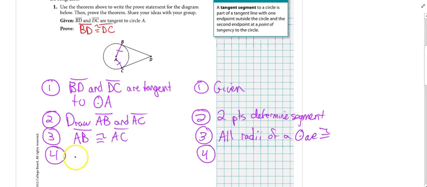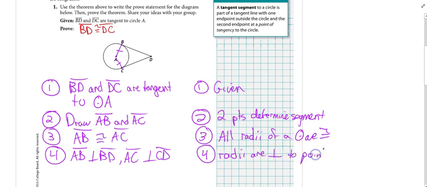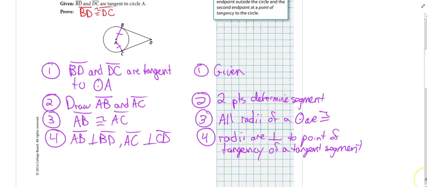We also know that AB is perpendicular to BD and AC is perpendicular to CD, because radii are perpendicular to the point of tangency of a tangent segment. I mean, it's just showing that you have to make sense of it. Is it the exact definition we talked about in class? Maybe, maybe not. Doesn't matter.